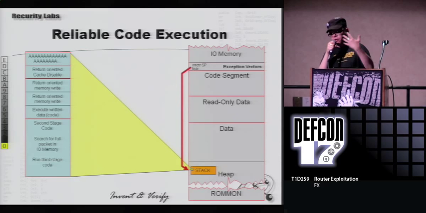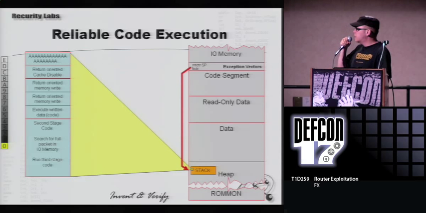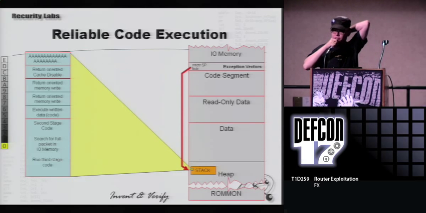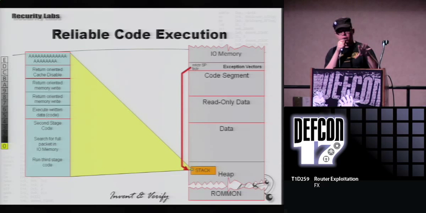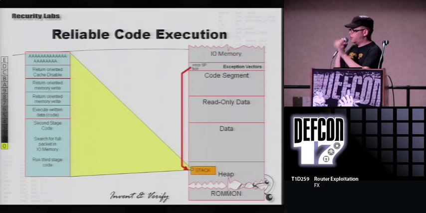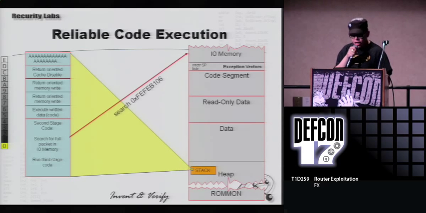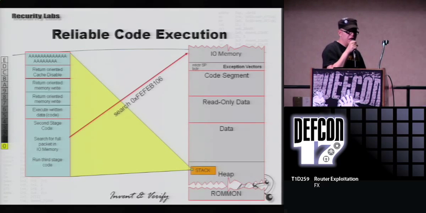So we're jumping into the buffer which we're just overflowing. Now we have regular code execution on the stack, right? But we actually don't want to mess up the stack too much. So what we do is run a little second stage code that goes into I/O memory and searches for a magic value, and then finds the packet the overflow came with.